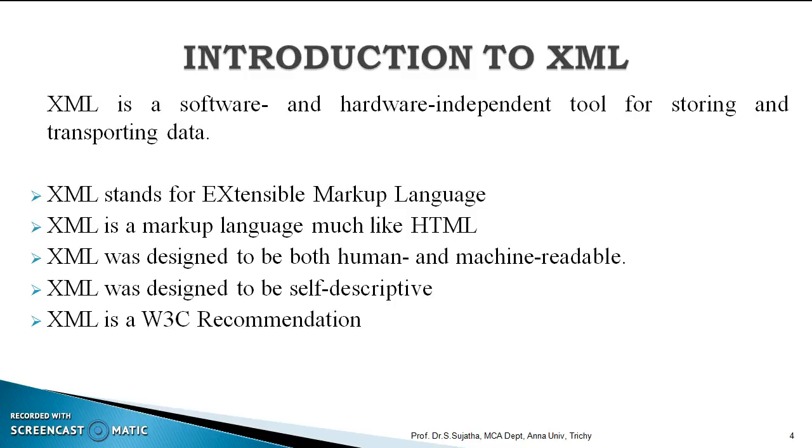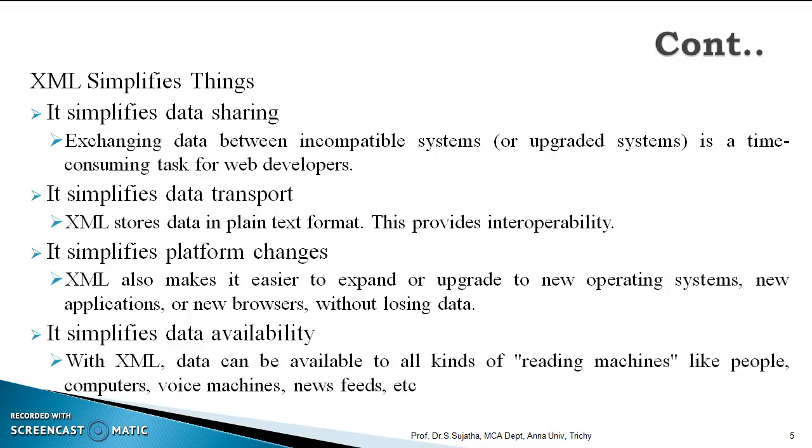XML is designed to be read by both machines and human beings. It is self-descriptive, and the W3C, World Wide Web Consortium, is the organization which provided the standard for XML.